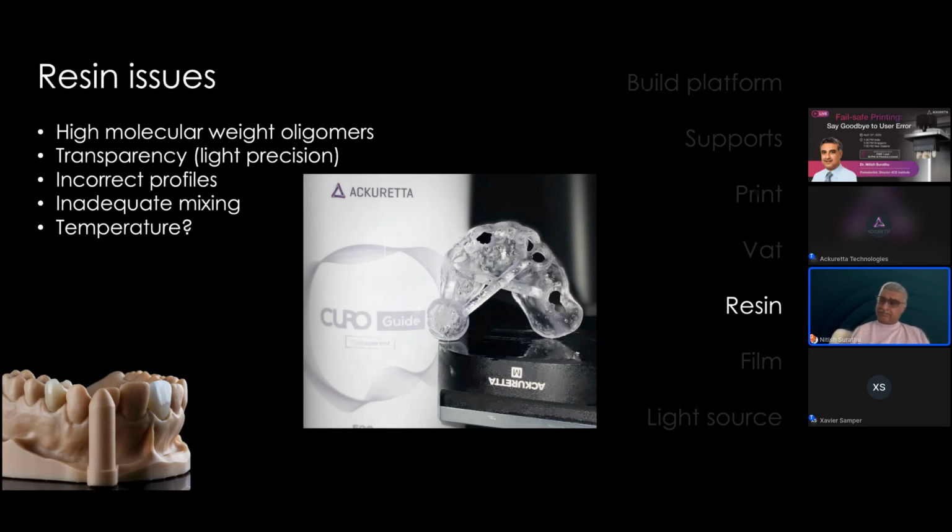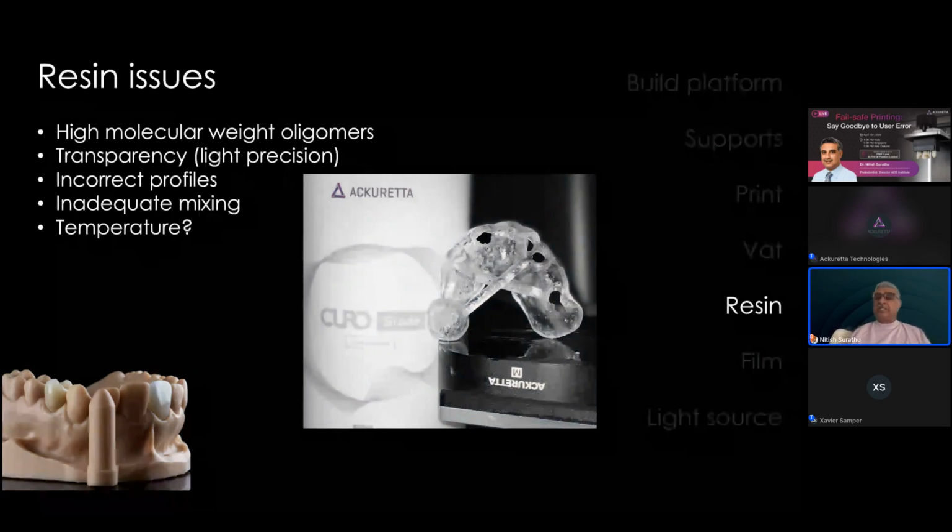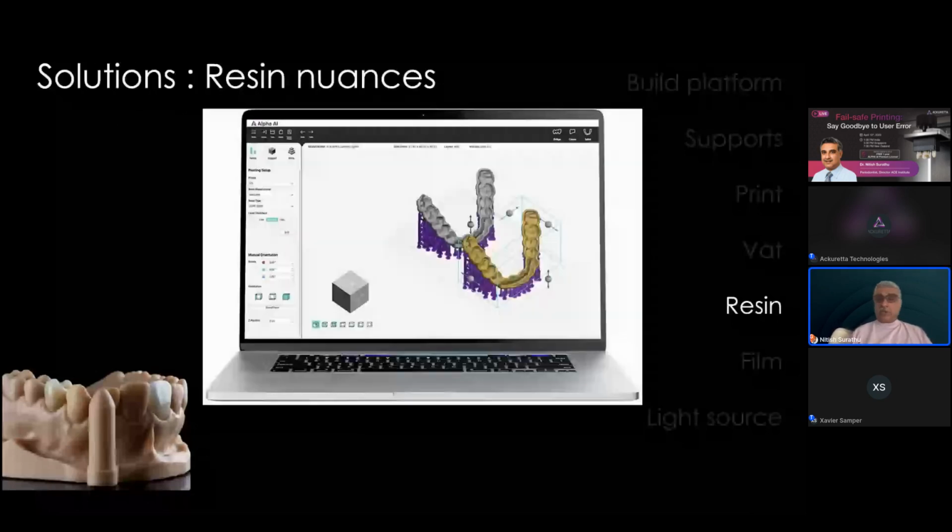Watch out for that as well. It may be that your printer is in the wrong environment and the general temperature of the environment is not conducive to 3D printing itself. And you will find that more often than not, it's these kind of resins that fail when temperatures are not perfect as well. So that's something to take into consideration. Again, resin nuances are well taken care of by AI software.